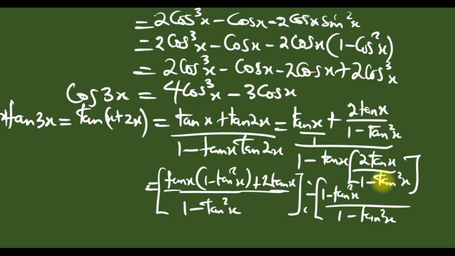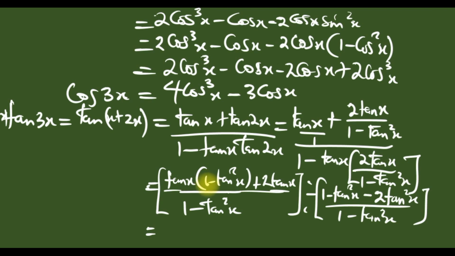This in this is 1 times that, so this is minus 2 tan squared x. So that's our denominator. They have a common denominator, so this becomes the numerator of the result, and this becomes the denominator. So we can open up.